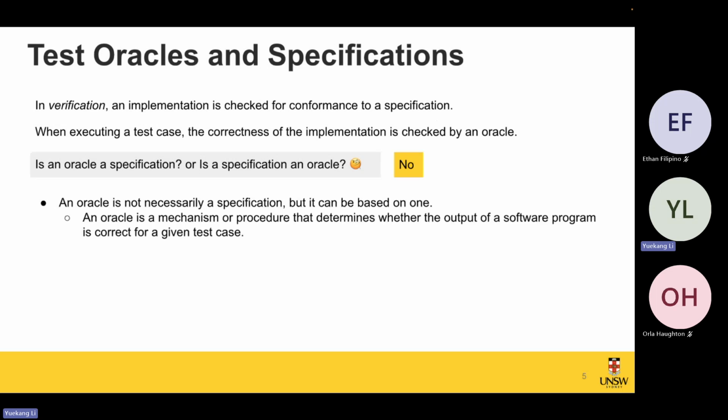A specification is more like a high-level description of the expected behavior of the program, and the oracle is the actual check that we implement in the test case. So we can derive test oracles according to the specifications. On the other hand, a specification does not automatically become an oracle, right?